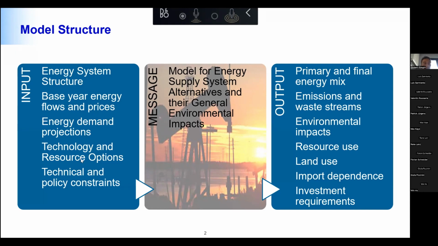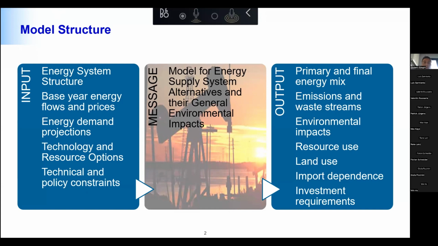And defining these as an input, the model looks into the time horizon, whether you use it for short term, like 2030 or 2035, medium term until 2050, for example, or long term together with climate models until the end of this century.